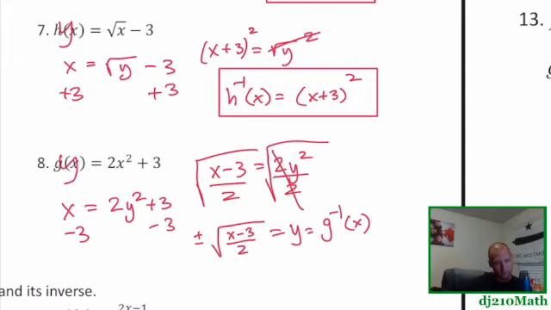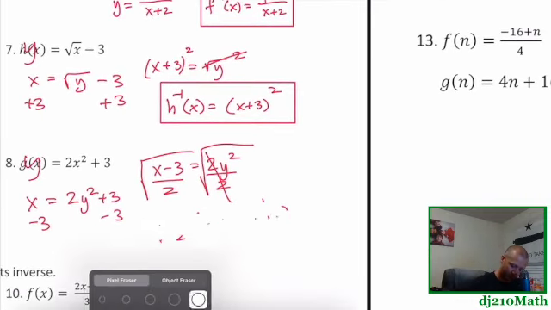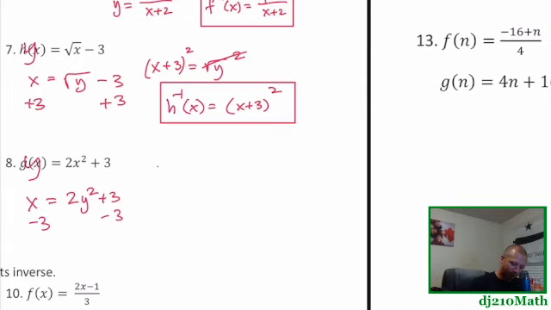I'm wondering if I should show what happens if you square root it first. It comes out to the same answer. It just might look a little funny, but it comes out the same way. So we have x minus 3 is equal to 2y squared.